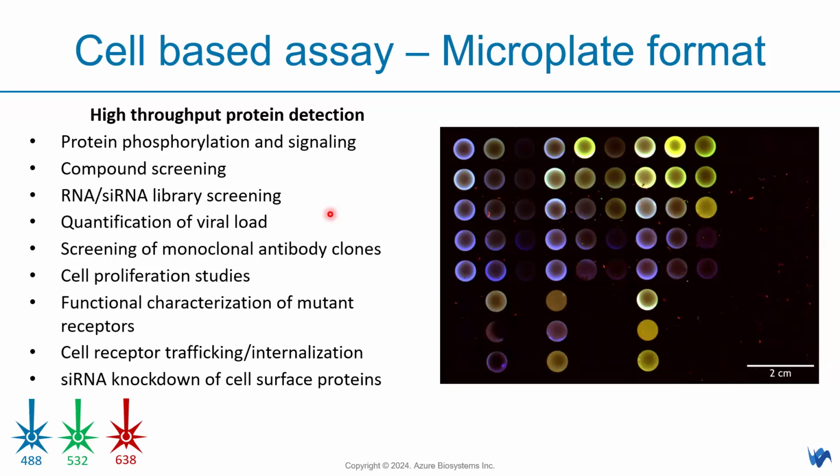So what you can do with such a format is, firstly, look at protein phosphorylation and signaling, compound screening for your active compound, or drug screening, or an anti-something property screening, RNA or siRNA library screening, quantification of viral load on your cell lines, screening of monoclonal antibody clones, cell proliferation studies, and functional characterization of mutant receptors.